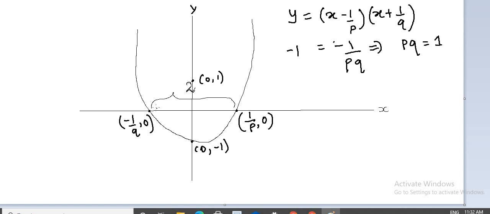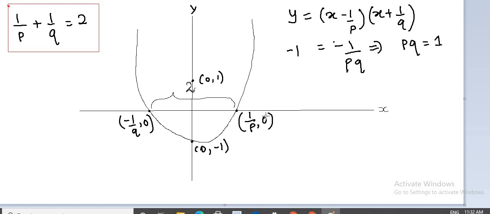Now, in the question it is given that the distance between the two intercepts on the x-axis is 2. So, by using that statement we get the relation that 1 by p plus 1 by q is equal to 2. You can also derive this relation by using the distance formula. Two points are given, the distance is given, use the distance formula and you will get the same result.